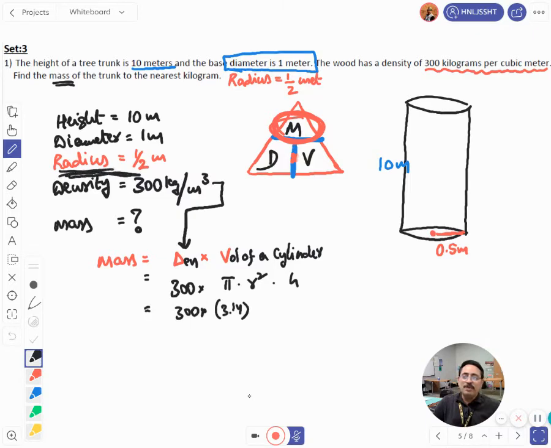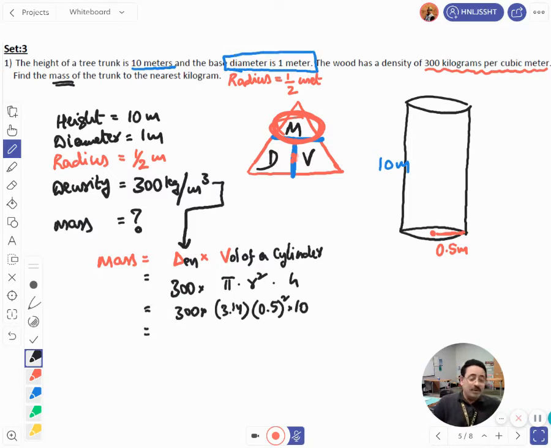I know that the majority of the students may mess up here. Instead of radius, they may get confused and take diameter as 1. But instead, you are expected to take the radius. What is the height of the trunk? You see that it is given as 10 meters. So let me plug in.